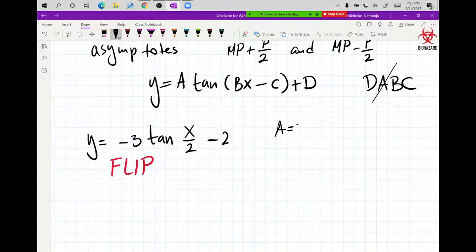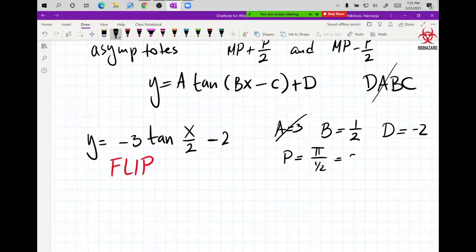Then amplitude equals 3, and I'm just going to cross that. B equals 1/2, and D equals -2. Okay. B will give me the period, so that's pi over 1/2. Ooh, I just made period to be 2 pi, right?